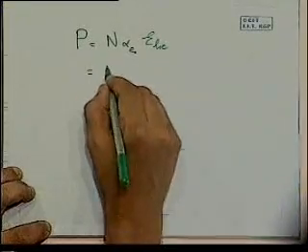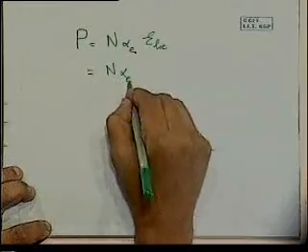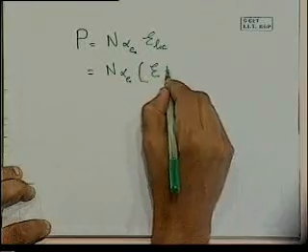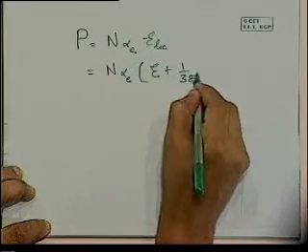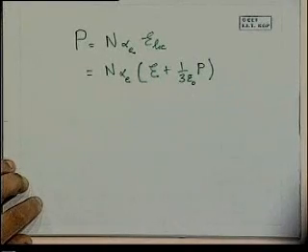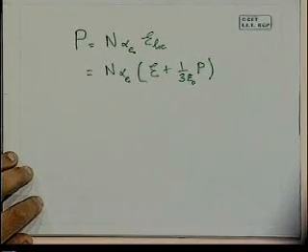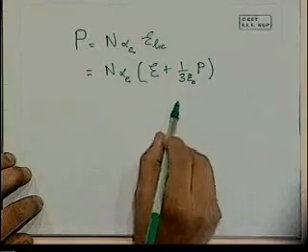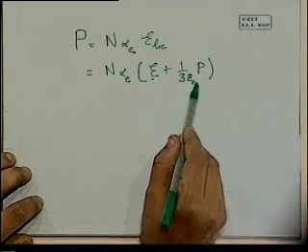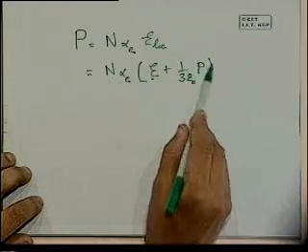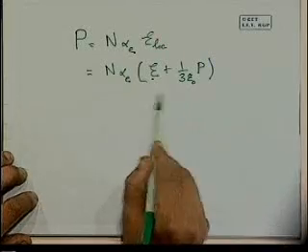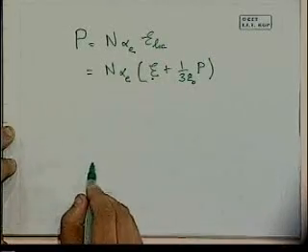And now again I can substitute for the local field in terms of what we obtained earlier, namely the applied field plus 1/3 epsilon naught times the polarization. So this is the new expression. Instead of it being simply N alpha E, we've got a second term, N alpha E times polarization by 3 epsilon naught, to account for the local field. It's a small change from before, but it will affect the results.